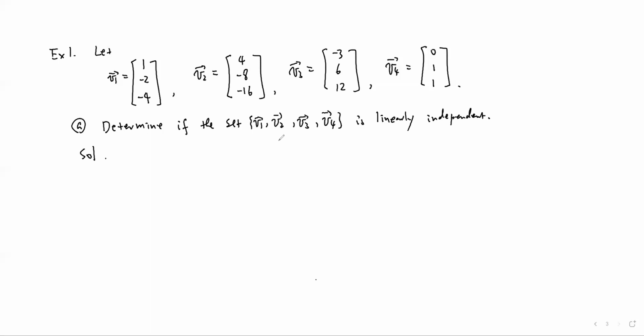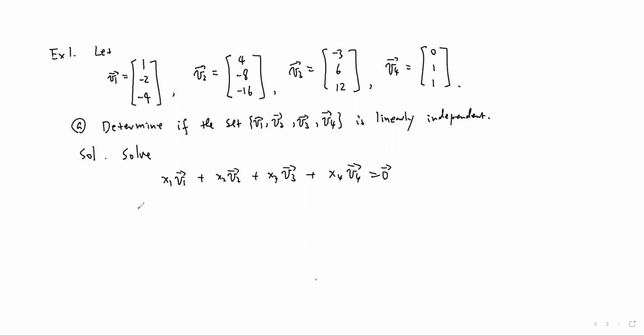To determine if a set is linearly independent or not, go back to the definition. We need to solve this vector equation. This is a linear system.